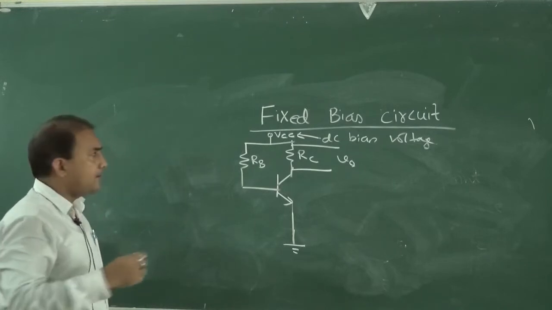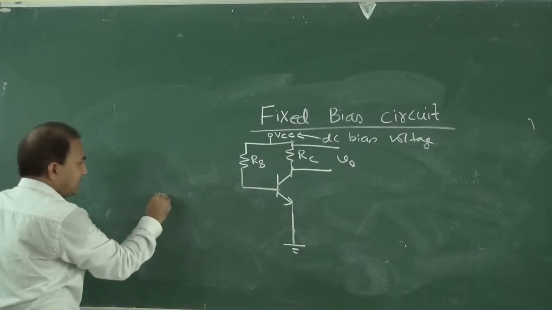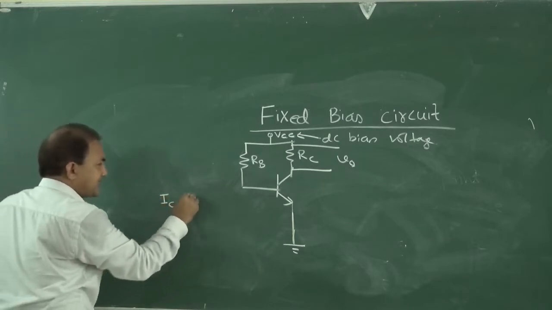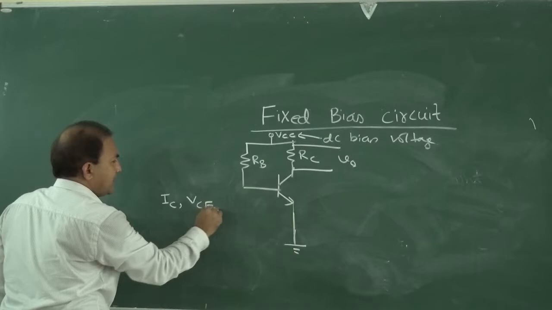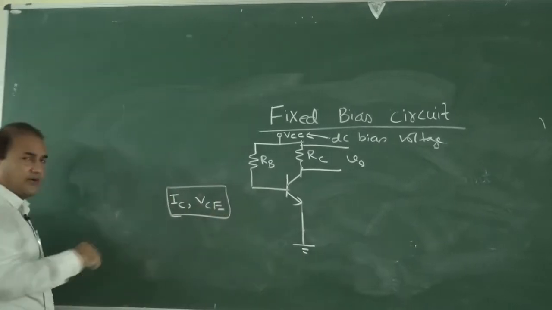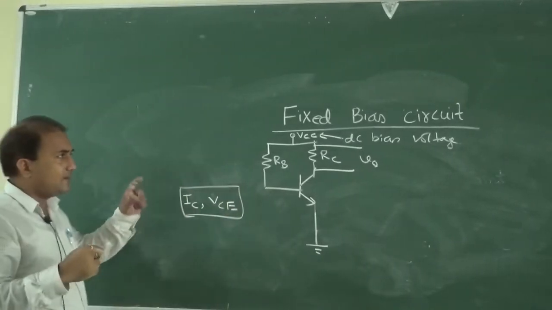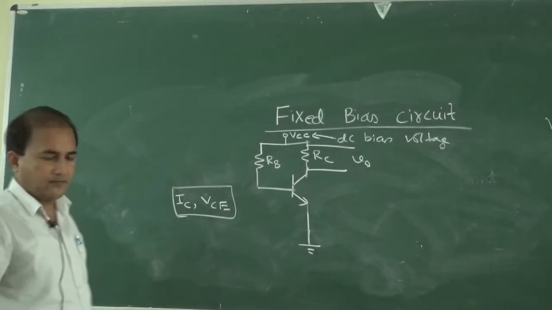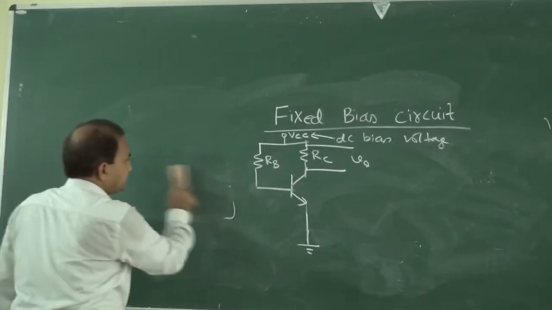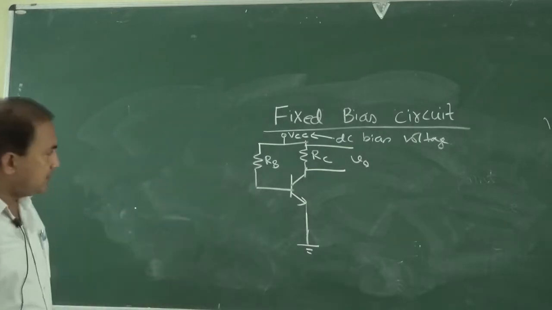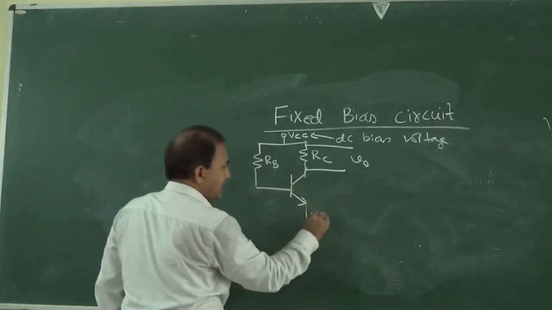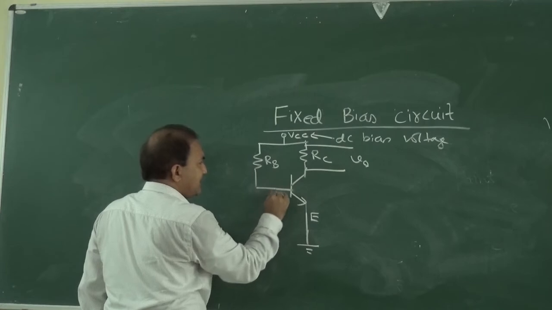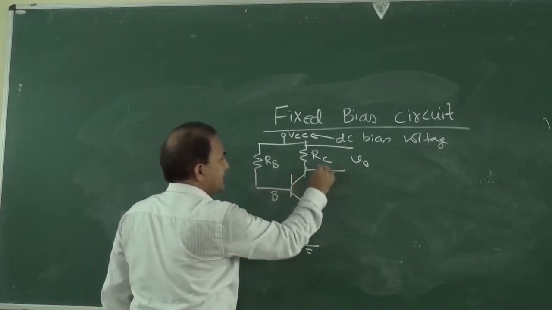Now, how can we get the operating point, that is IC and VCE? For this bias circuit, how can we determine the operating point? This is the emitter terminal, this is the base terminal, and this is the collector terminal.